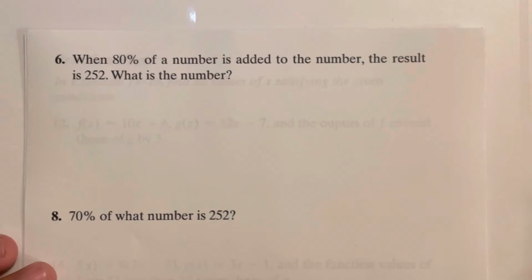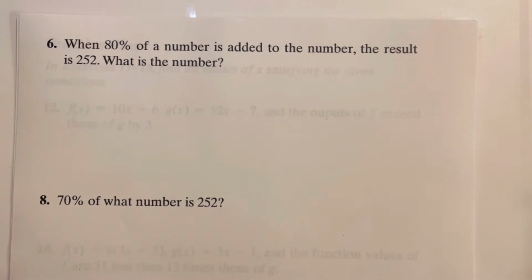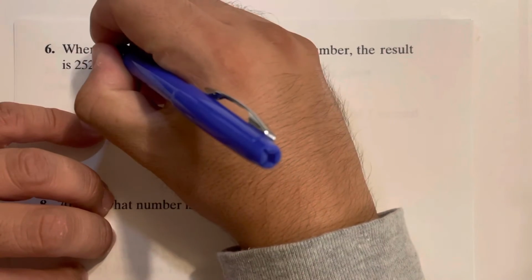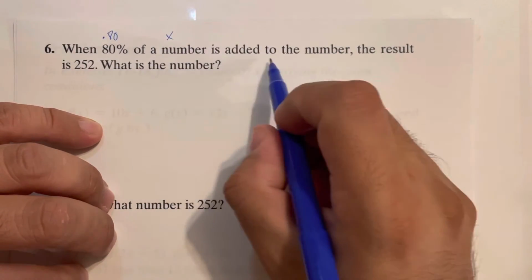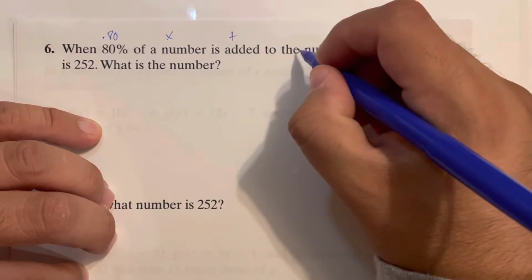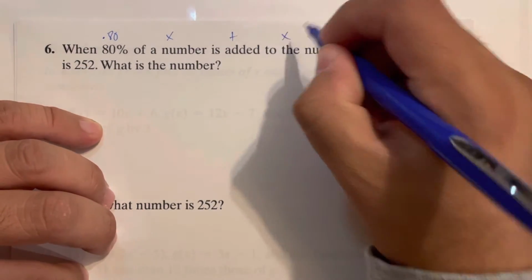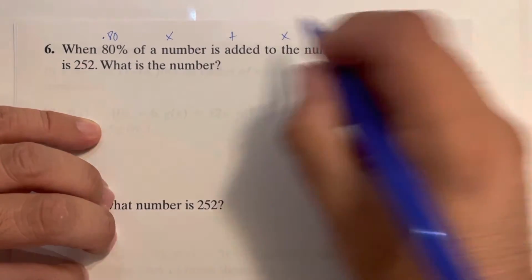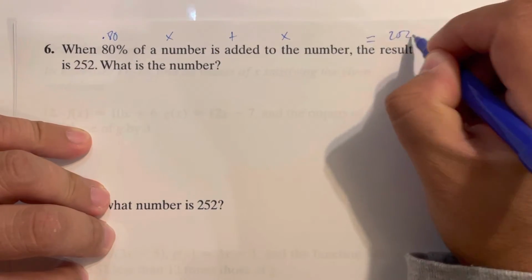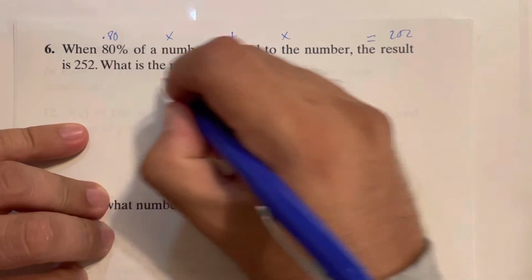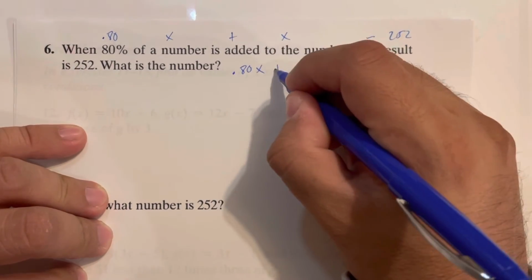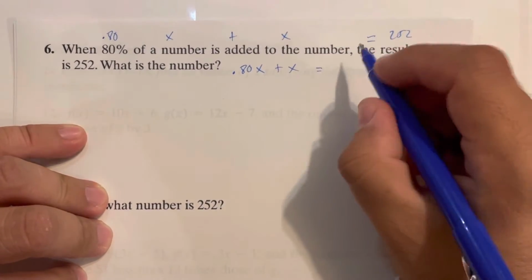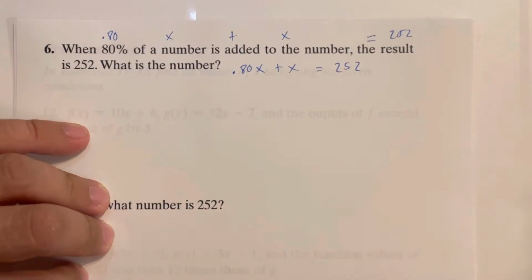Alright, so for number 6, it says when 80% of a number, so 80% will be 0.80 of a number, so x, is added to the number. So added to the number is actually itself. The result is 252. So we have 0.80x added to x, results in 252.